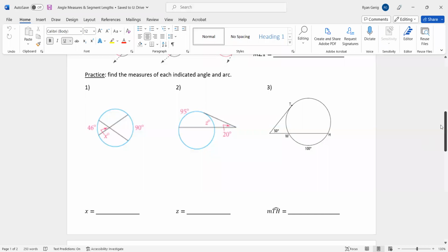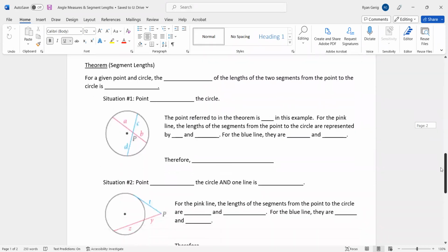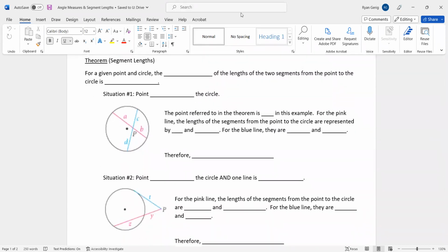Now let's move on to segment lengths. Okay. Now this theorem is kind of ugly. I'm not going to lie. A lot of people don't like it. So I'm going to really focus on the words, and then I'm going to show you how those words apply to different situations. So for a given point and circle.